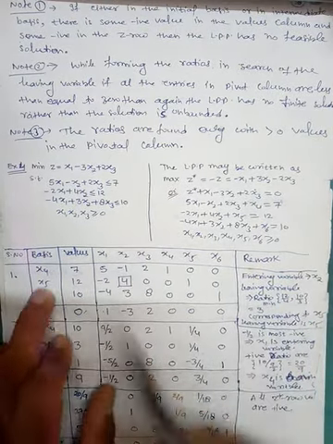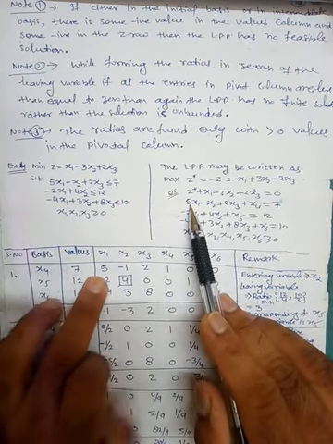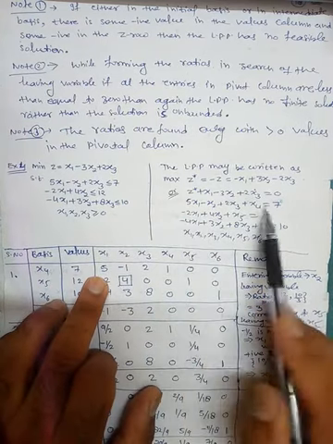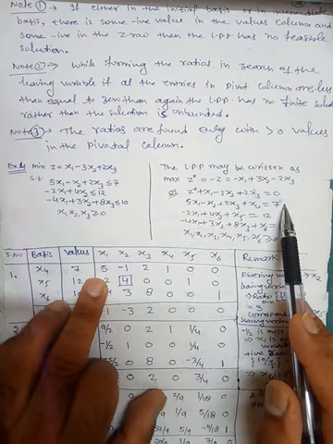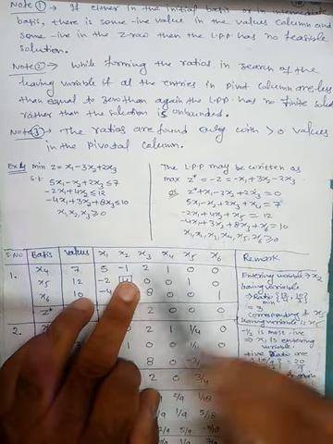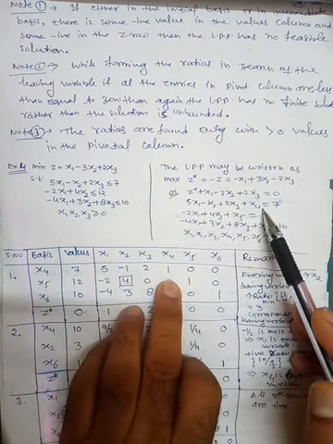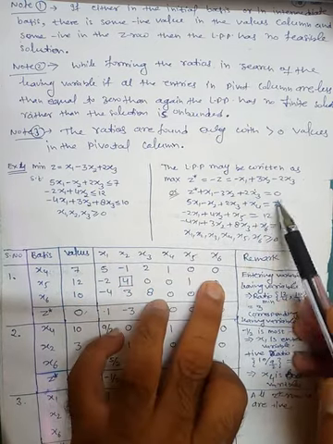Now the initial table. The first row is associated with the first constraint, so the coefficient of x1 is 5, the coefficient of x2 is -1, the coefficient of x3 is 2, the coefficient of x4 is 1, and there is no x5, x6, so 0, 0. The right hand side is 7.